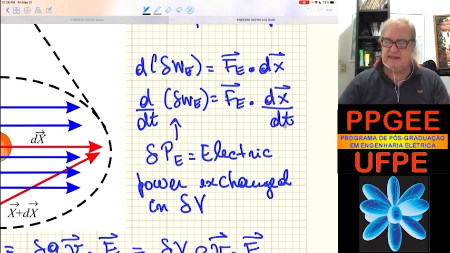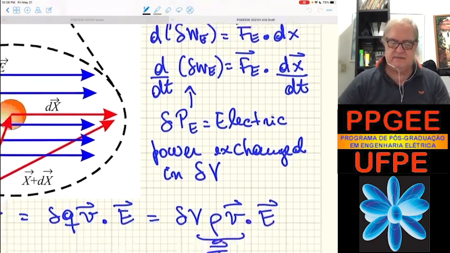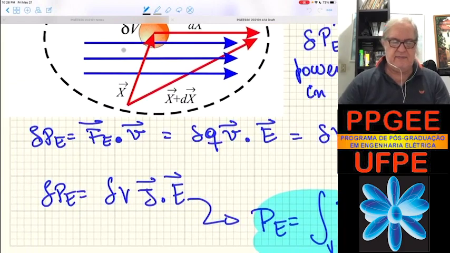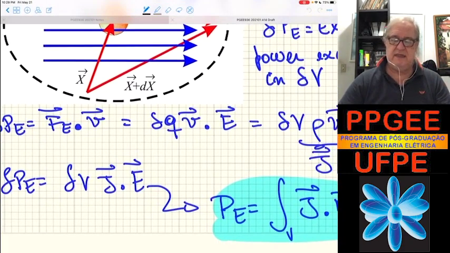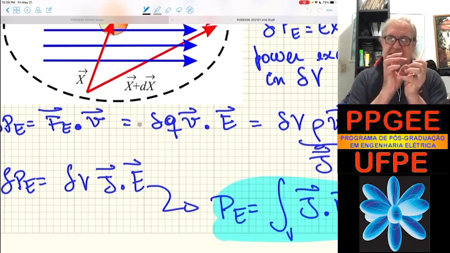So dx/dt is the velocity, right? So the power exchange in the volume is force times velocity, average velocity, right, of the volume. Average velocity of the carriers that are in the volume.